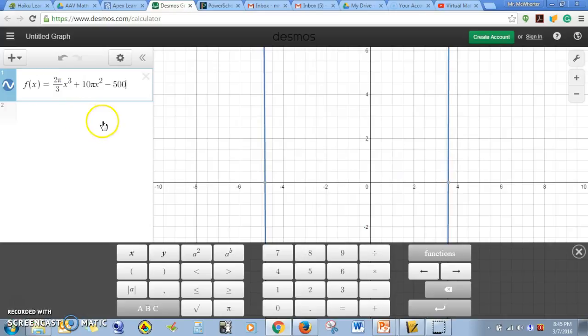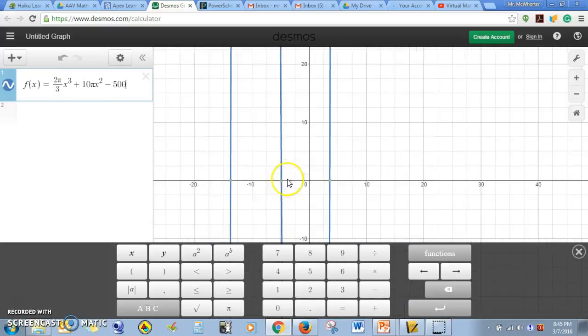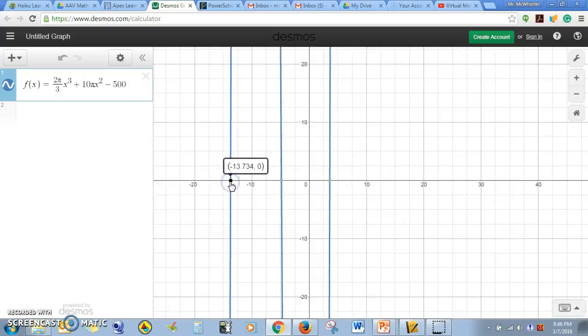And now we want to look at the zeros. Where are my zeros? Right here, when x is negative 13.7, which in our case would mean the radius would be negative 13.7, but it doesn't make sense to have a negative radius for a circle. This one would also be a negative radius, which doesn't make sense.